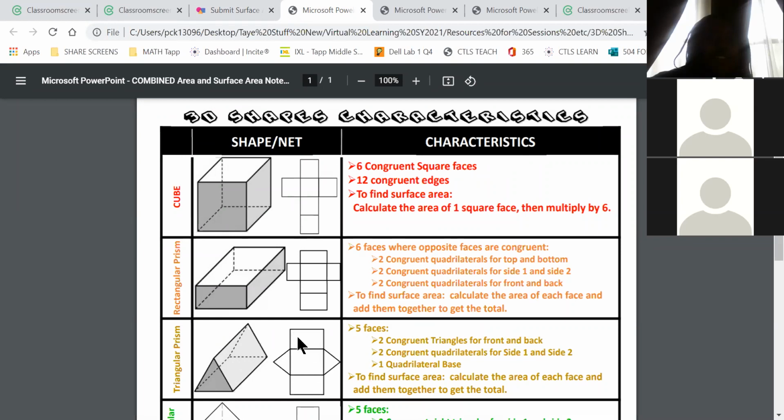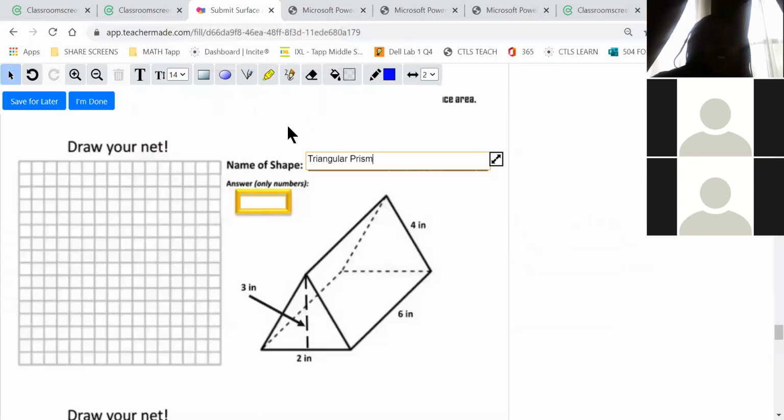So let's start with, we're going to draw our shape just like this. So let me highlight the side so that you guys can see what measurements we are going to use. Coloring this one all kinds of crazy, but you guys get the point.